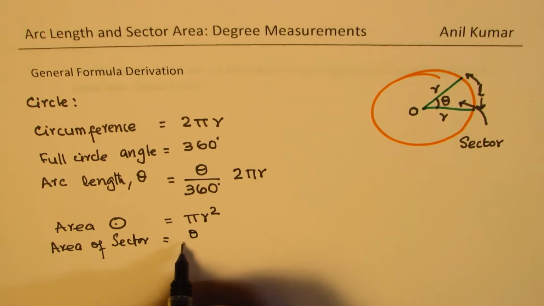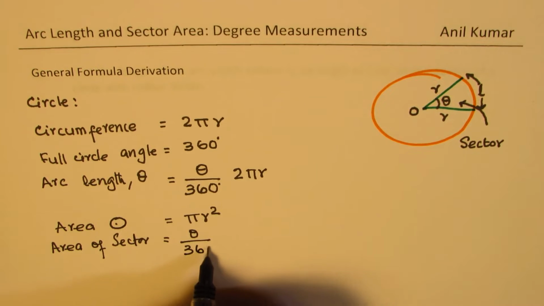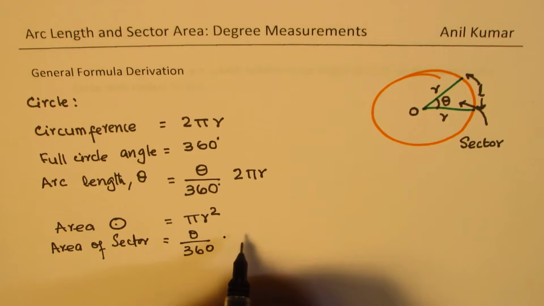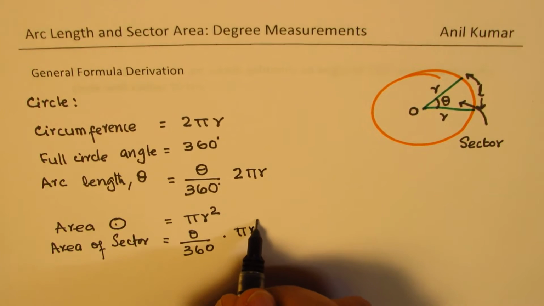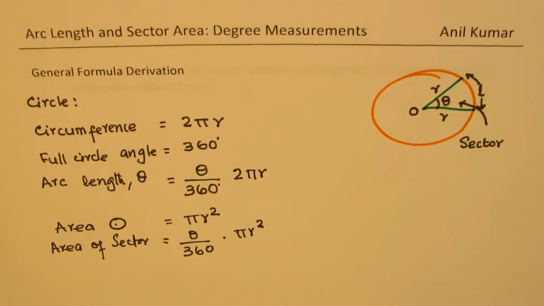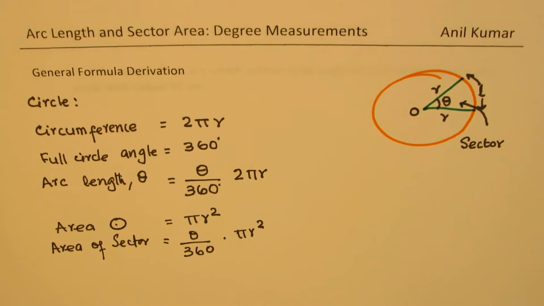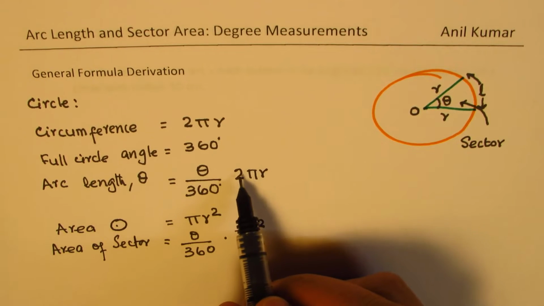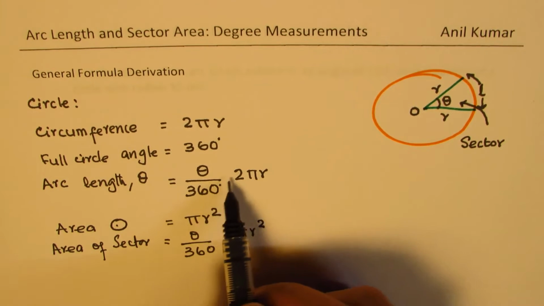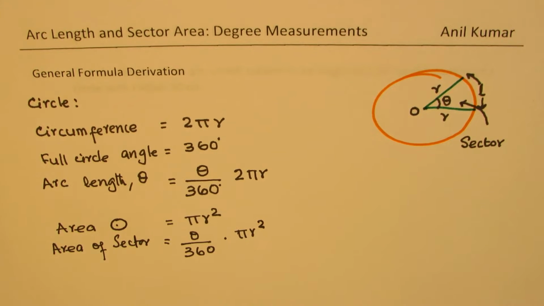Which is theta over 360 degrees times pi r square. Is that clear to you? Perfect. So these are very important relations, simple to remember. I am not simplifying this because then it becomes slightly more difficult to remember.